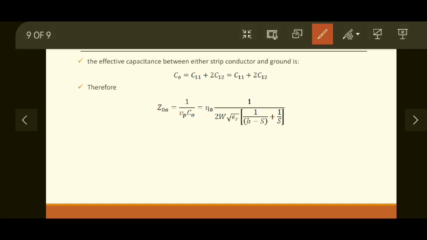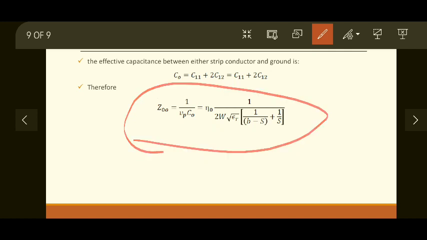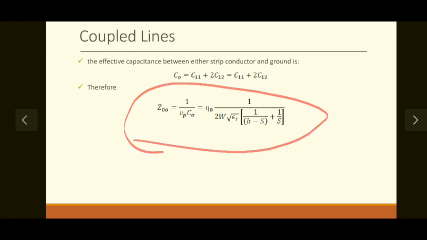Okay, so if there is a problem regarding calculating characteristic impedance of a broadside coupled line, then you can use these formulas and find out the characteristic impedance in odd mode and even mode.